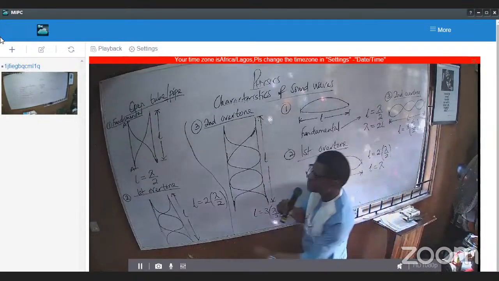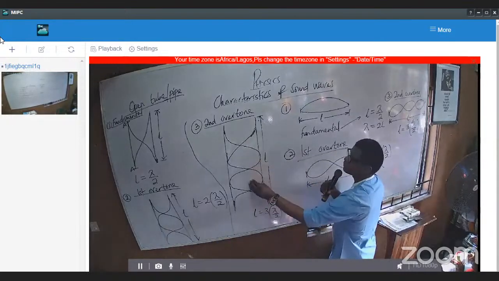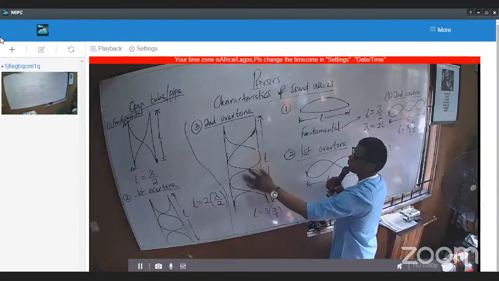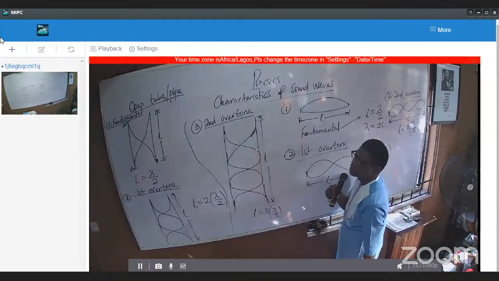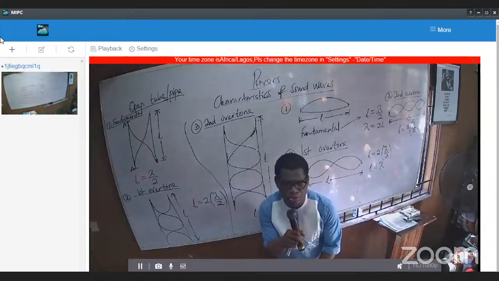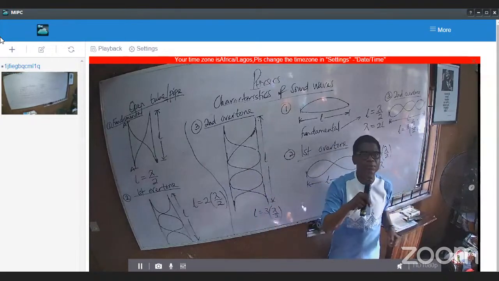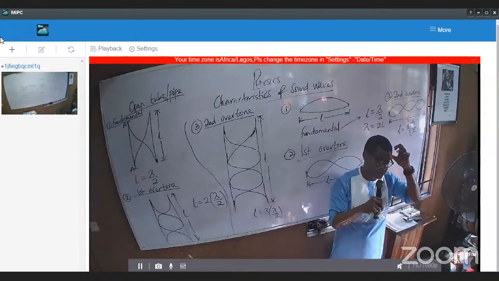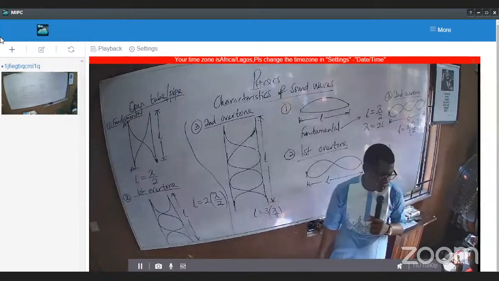We're going to have a complete cycle. This one is even easy. Second overtone, 2 cycles. Third overtone, 3 cycles in between. Fourth overtone, 4 cycles. The same thing applies to closed tube. First overtone, 1 cycle, complete. Second, 2 cycles, complete. Third, 3 cycles, complete. With examples, you will get them.